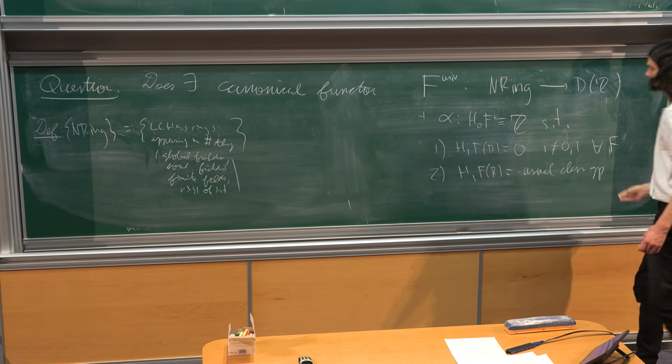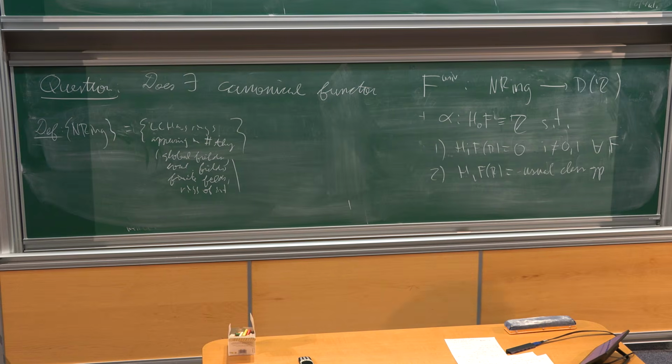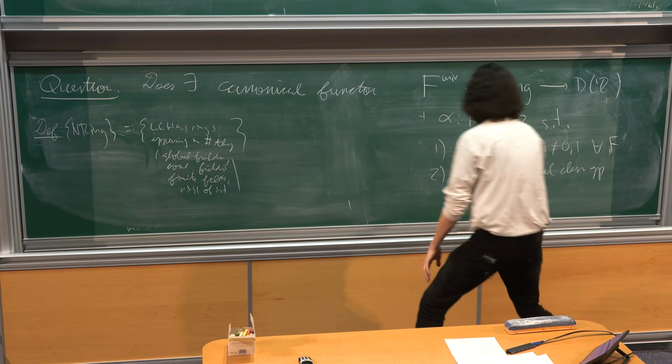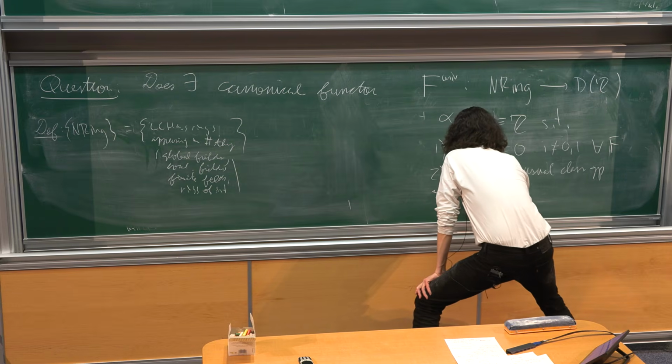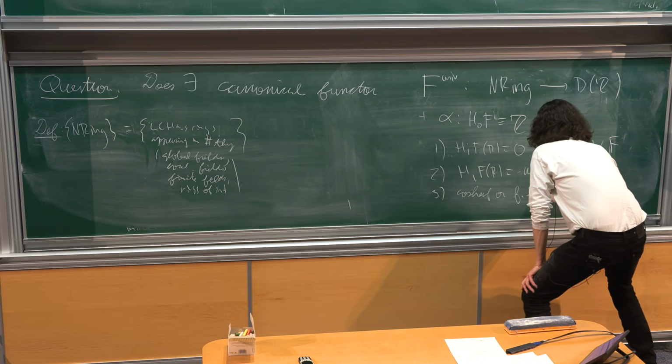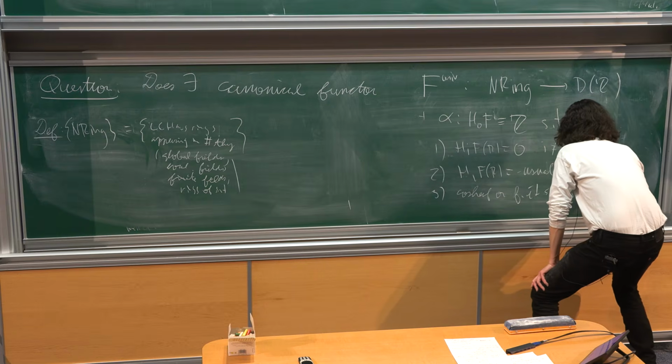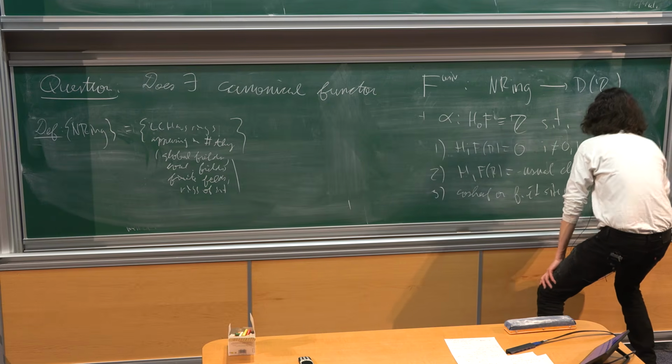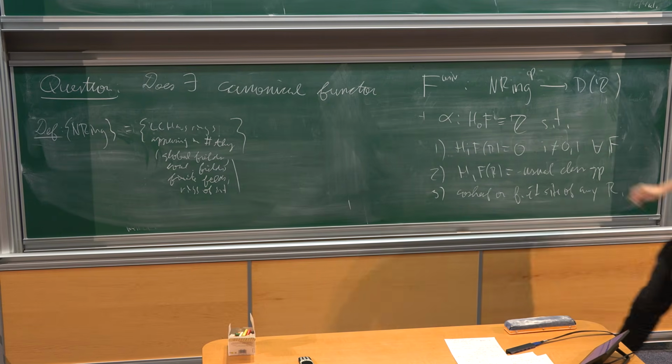So for a local field, the ring of units, for a finite field, Z, for a global field, the adeles. And three, it gives a co-sheaf on the finite étale site of any R. Okay, it should be op. I just realized.